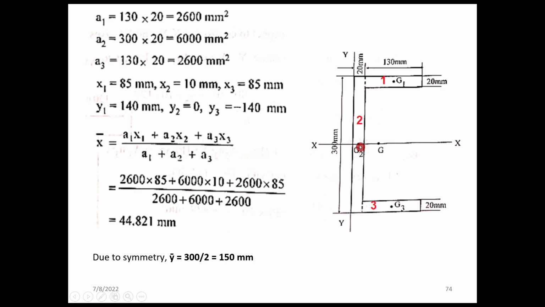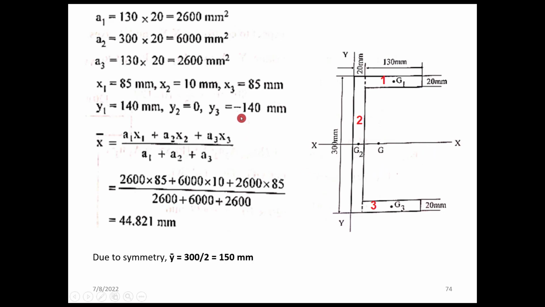How come? Total is 300, 300 by 2 will be 150 up to this point, minus this half. Please see the cursor: from G to G3 is the value of y1, and G to G1 is the value of y3, and y2 is on the centroid of the second area, which is on the line of XX. So there is no value for that.